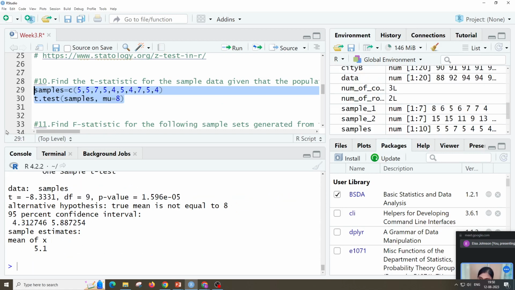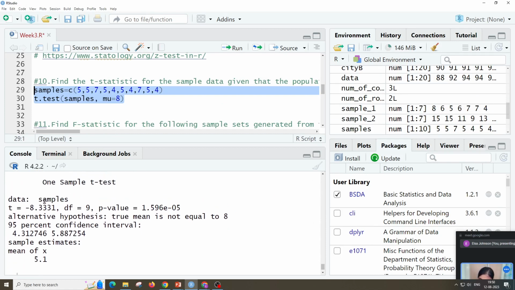If you run that, it will tell you one sample t-test, data is from samples, which is the list of these particular values. In a t-test you have the degrees of freedom, right? That is n minus 1, so 9 you'll be getting. Then the p-value is a very small value, so the null hypothesis is rejected.